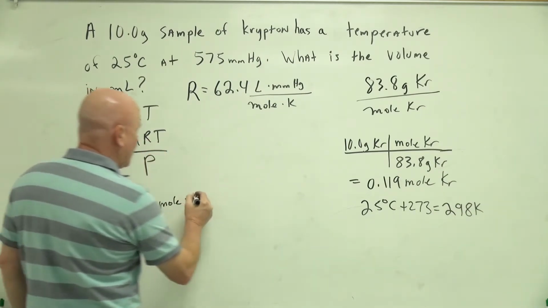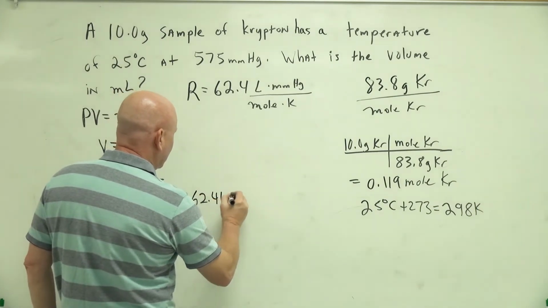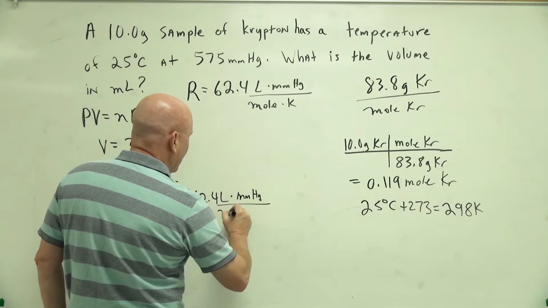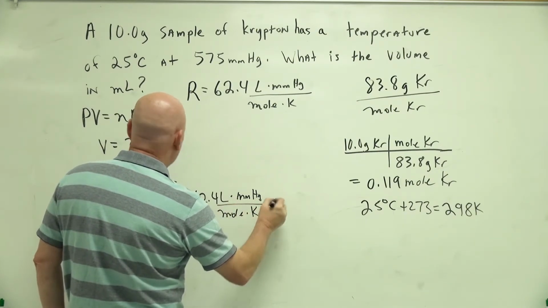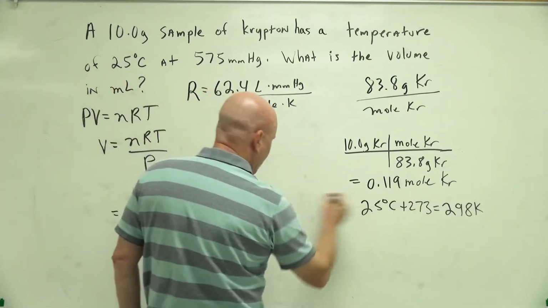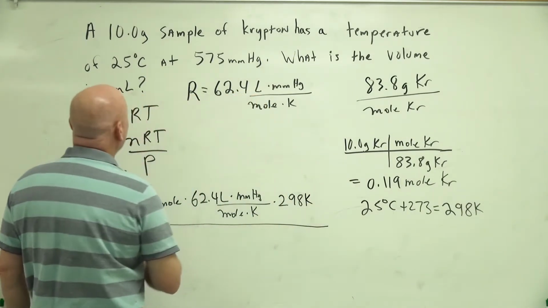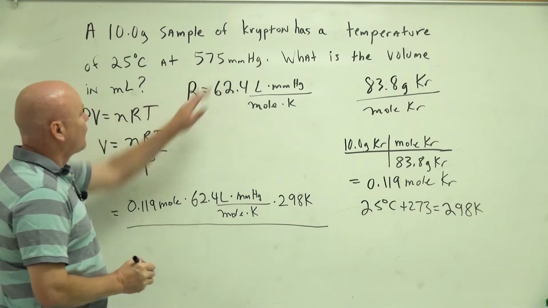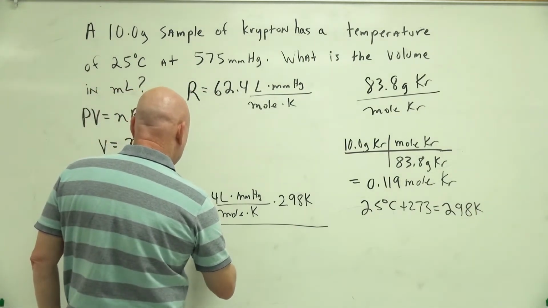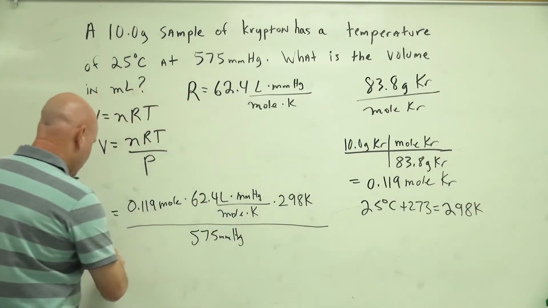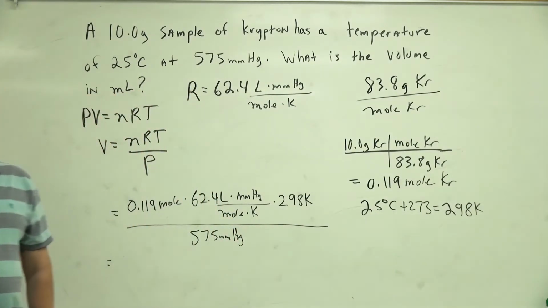We have our gas law constant, 62.4 liters millimeters mercury per mole Kelvin. We have our temperature, which is 298 Kelvin. And we're going to divide by the pressure, which was 575 millimeters mercury. And we'll get our answer in liters.